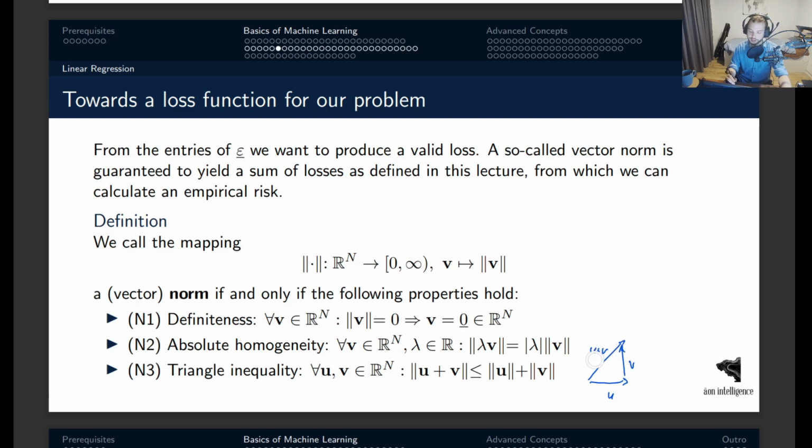But what is always at least as quick or quicker than going into the u direction first and then the v direction is to go into the direction defined by the sum of these two. And this triangle inequality tells you that adding this magnitude with this magnitude should always be at least as large as just finding this magnitude.